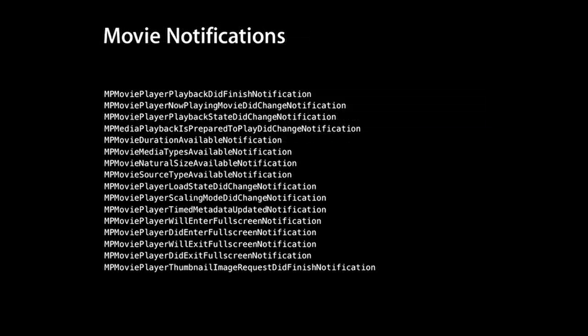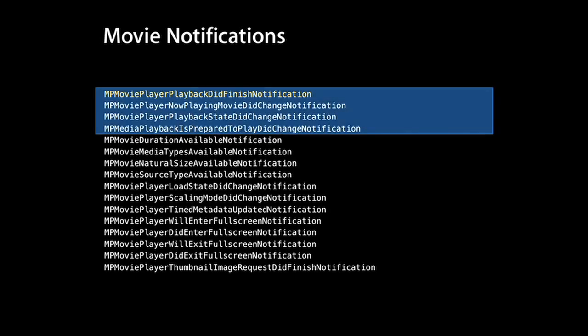Now I'd like to turn to the various notifications that are associated with movies. There are quite a number of notifications, so I've broken them into several groups. The first group I'd like to talk about is those that are associated directly with movie playback. The first one you've seen before, MPMoviePlayerPlaybackDidFinish notification. That's a notification you get when your movie's done.